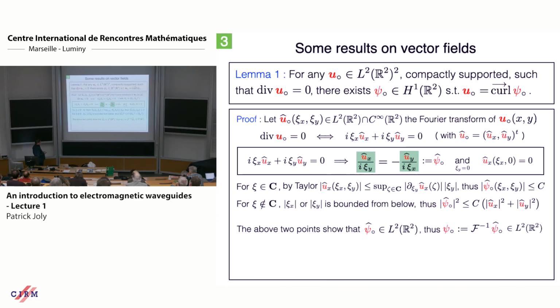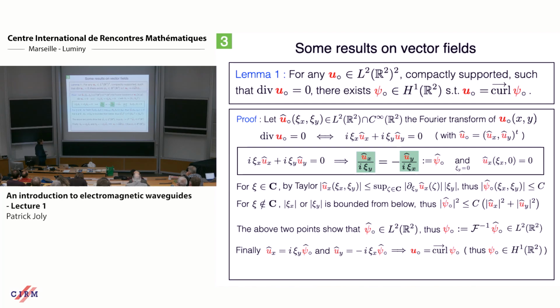Finally, if I introduce psi 0 as an inverse Fourier transform, these two relationships, which are a consequence of the definition of psi 0, mean exactly that U0 is a vector curl of psi 0, which proves that psi 0 is also in H1 because its curl is in L2.